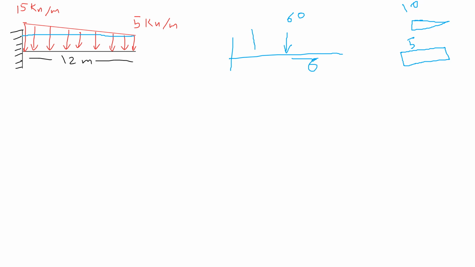So I got 1 again here, 60. And the distance is going to be the same one as before. I got 1/3 multiplied by 12, so it's going to be 4. So here is going to be 4, and here is going to be 2. So I got this. Hope I got it right.